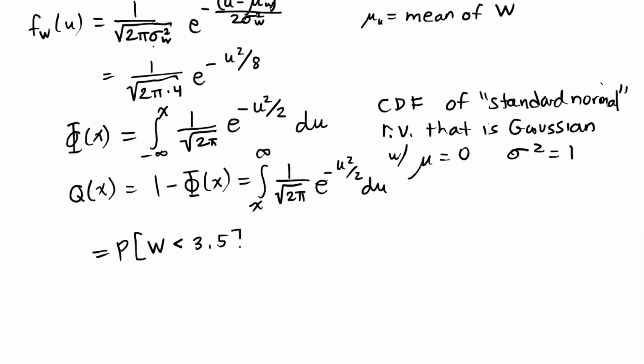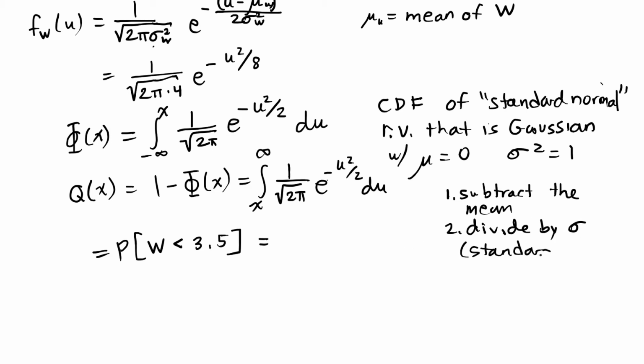I'll copy that here. What we're going to do to convert w into a standard normal, there's always 2 steps. 1, subtract the mean, and 2, divide by the standard deviation. Not the variance, but the standard deviation. These 2 steps convert a regular Gaussian random variable into a standard normal random variable. So in here, I'll show that in 2 steps. I'll subtract the mean. Here it's 0. What I do then is I divide by the standard deviation.